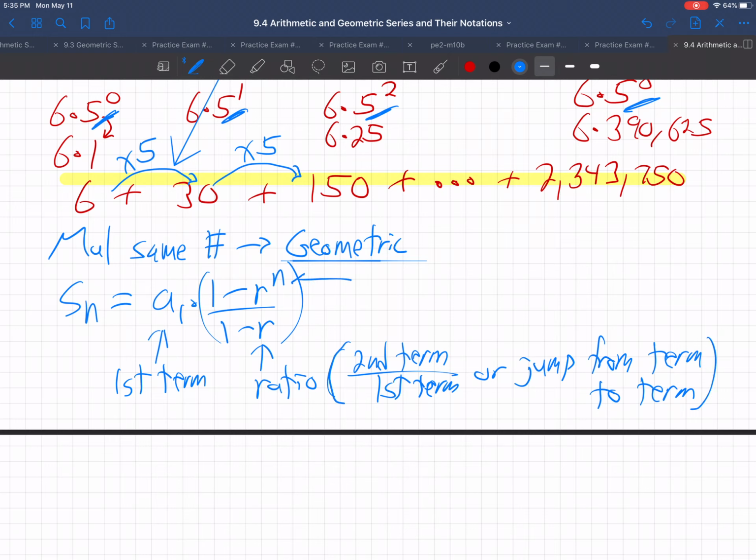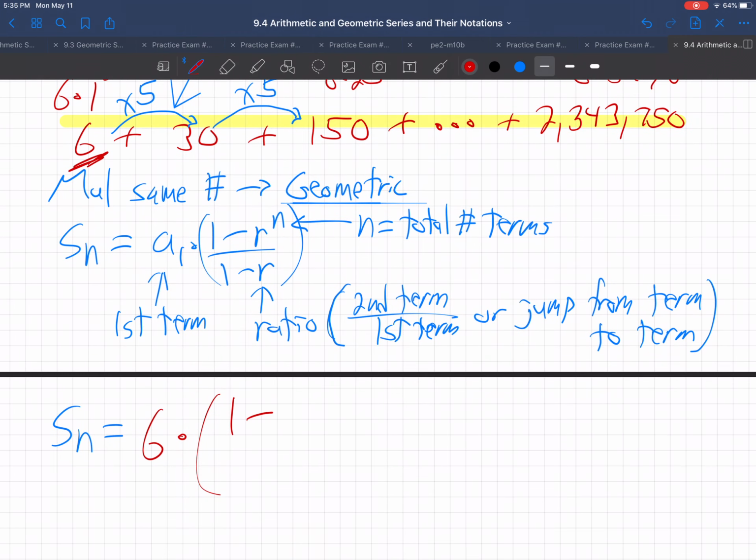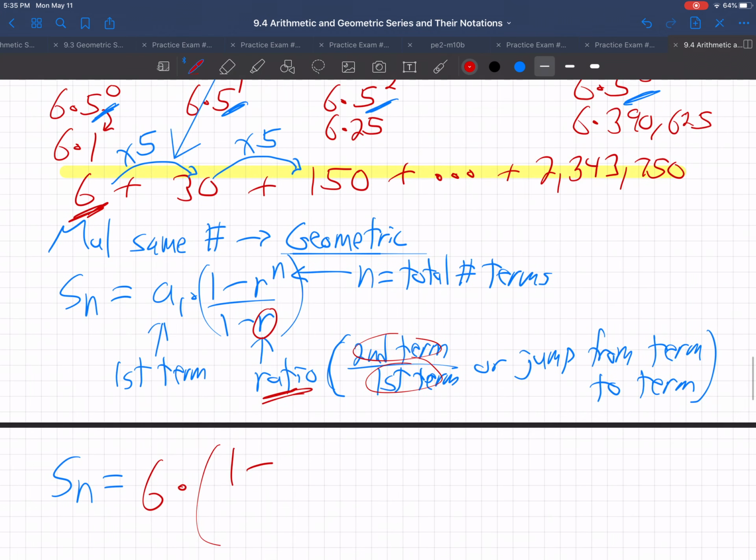And n is the total number of terms. Okay. So let's see, A1, the first term, that's easy, that's 6, isn't it? So the first term is 6, and 1 minus, now what's R? What's the ratio, the R? What's the second term over the first term? What's the second term? 30, divided by the first term, which is 6, and that's 5.